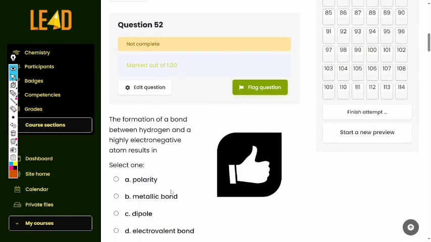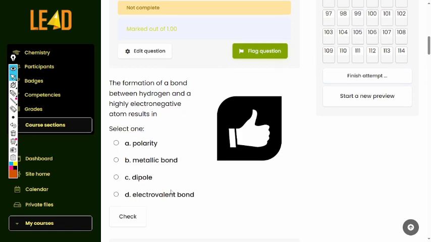52. The formation of a bond between hydrogen and a highly electronegative atom results in... When hydrogen bonds with a very electronegative atom like fluorine, oxygen or nitrogen, what you get is a hydrogen bond.